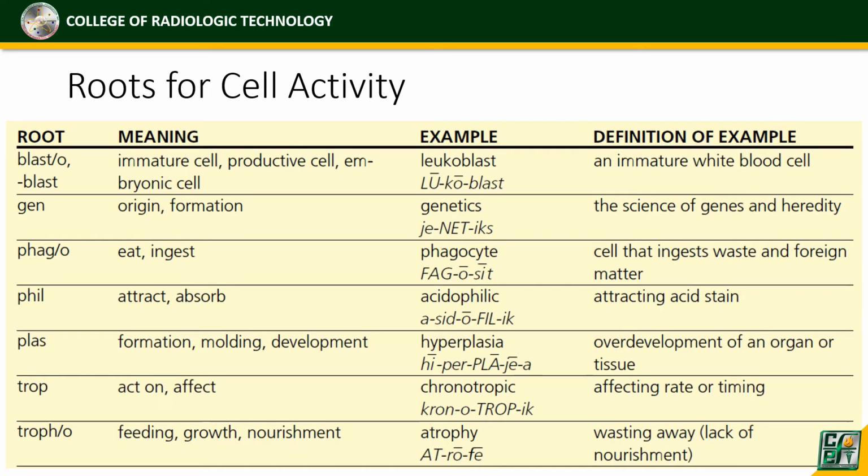Next we have roots for cell activity. We have blasto or blast. Blasto is a prefix or root word, and blast is a root that can be used as a suffix. Blast or blasto means immature cell, productive cell, or embryonic cell, so basically young cells.